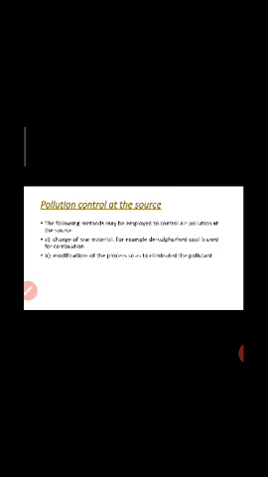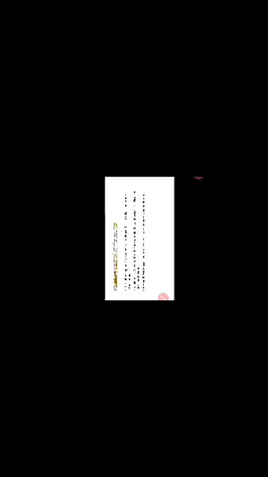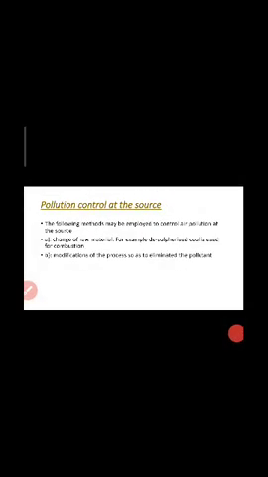First of all, change of raw material, for example, desulfurized coal is used for combustion. When we combust coal, it releases carbon monoxide, carbon dioxide, and many oxides due to the sulfur.